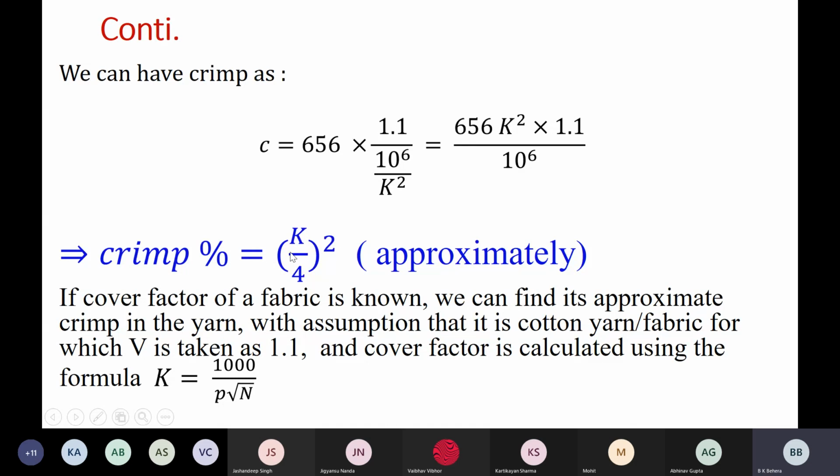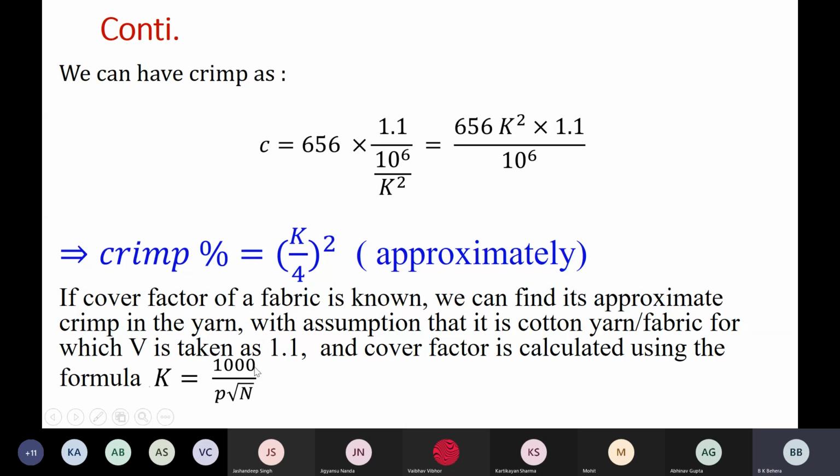The diameters of all fibers are different, so packing densities are different. Normally synthetic fibers are bulkier, cotton fibers are compact. So depending on the nature of the fiber, packing density changes. Since packing density of yarn is different, packing density of fabric will be different. And that's why this value of V depends on fiber quality. So in this case, this is only an approximate relationship for cotton fabric, and the assumption here is V is equal to 1.1.